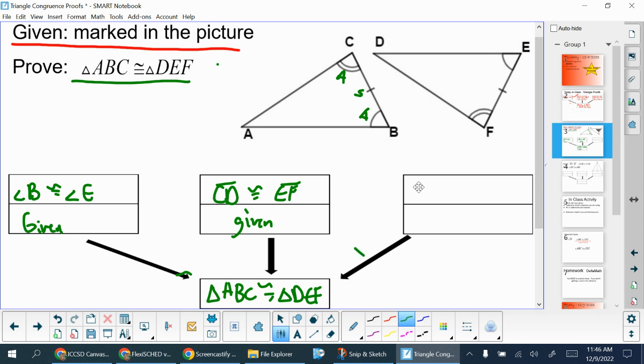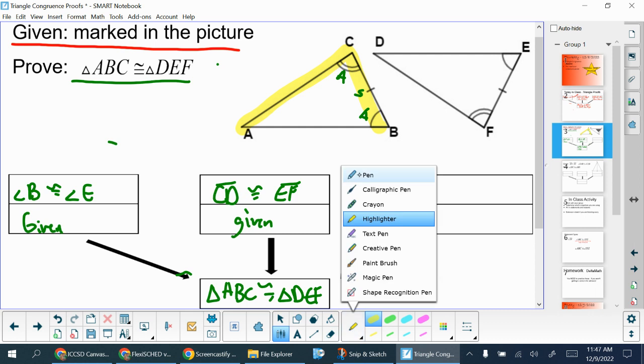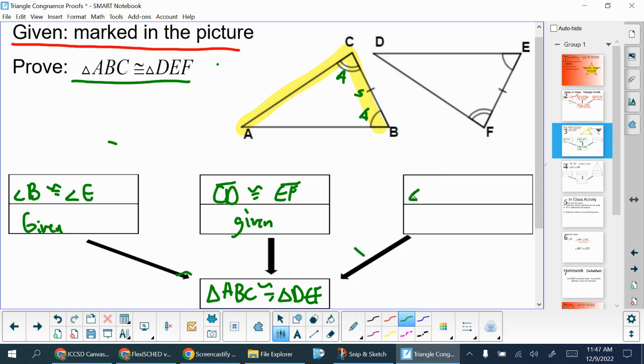So I could name them angle C. Remember, you could also name these using 3 letters. If I highlight this angle here, besides just calling it angle C, the other thing I could call it is angle ACB. And that would be congruent to this angle, which we could call angle EFD. And that's also given in this one.